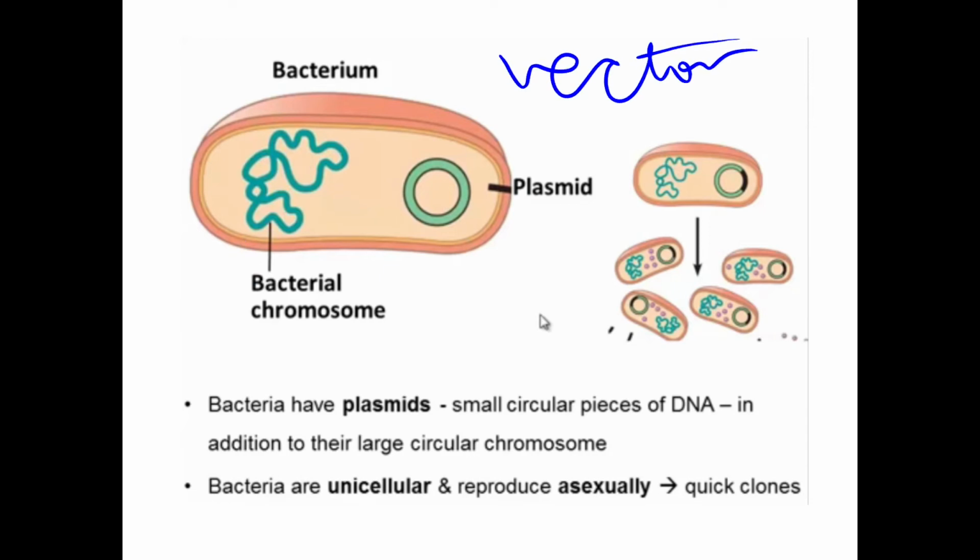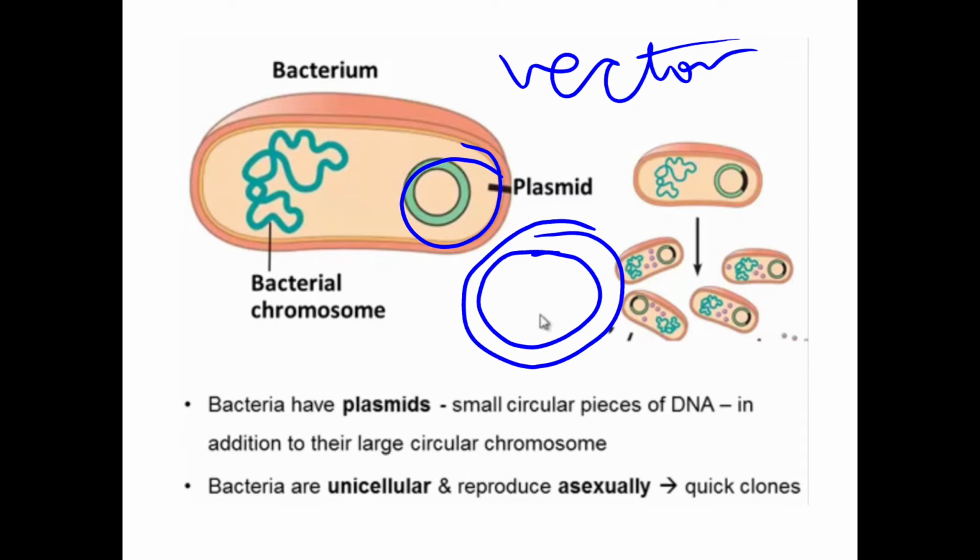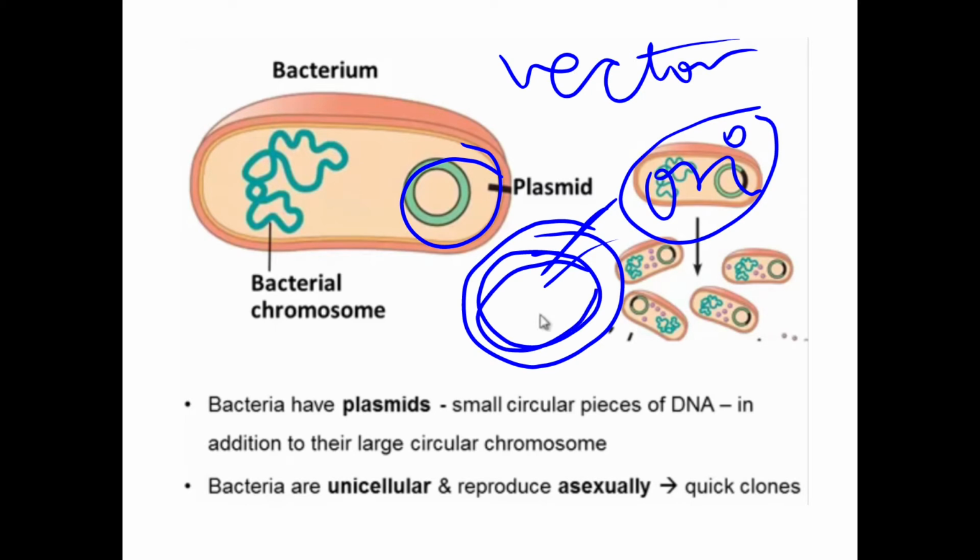We choose the plasmid as a vector because the plasmid is a self-replicating molecule having an ori site. Ori sites are the sites from where the process of replication starts. So the plasmid also has ori sites. That's why we choose it as the vector, and the vector carries the gene of interest which we insert into this plasmid.